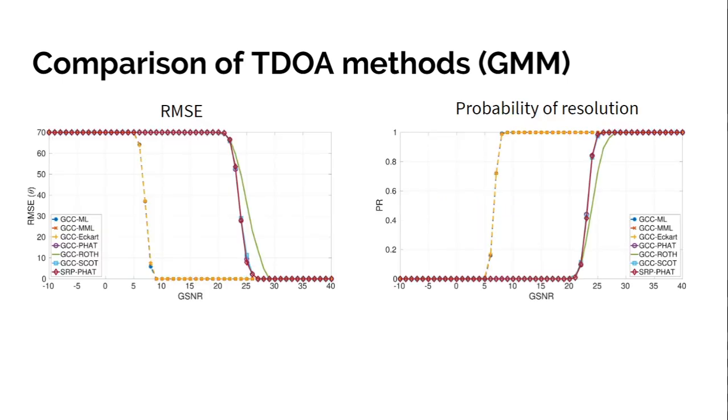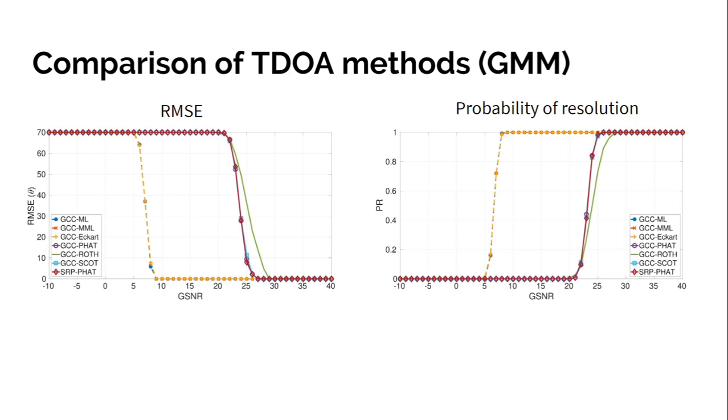Right. So once again, we see the results with respect to the GSNR. Here we see that the filters that have the best performance are the same as in the previous analysis, but they behave in a different fashion. The descent is much steeper.